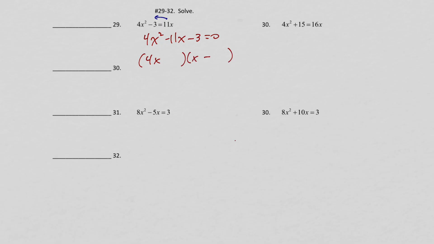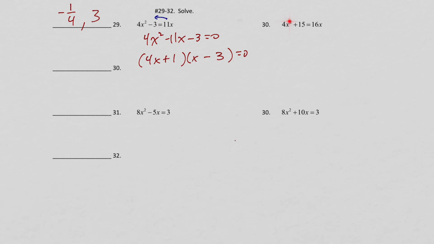And if I put the negative 3 here, that gives me negative 12 on the outside, and a positive 1 gives me a positive 1 on the inside. Negative 12 and positive 1 really do add up to that. So this gives me x is equal to negative 1/4 and positive 3.